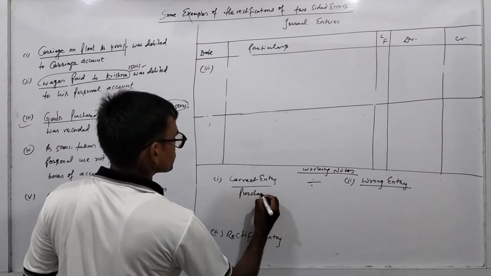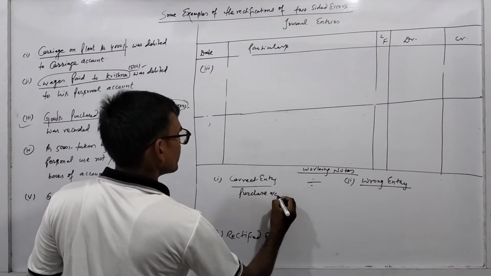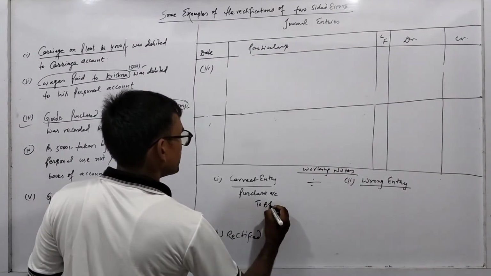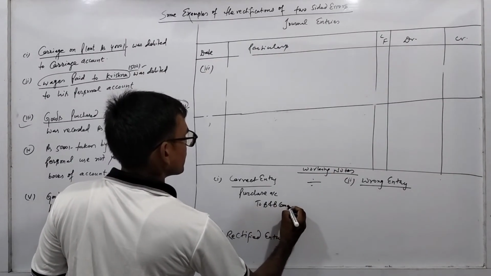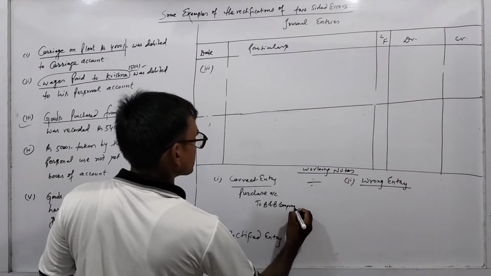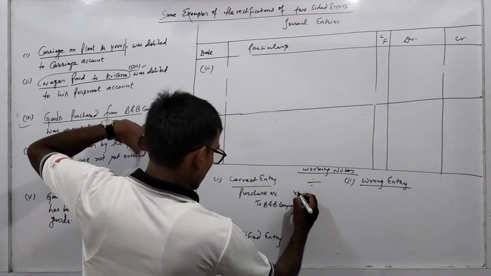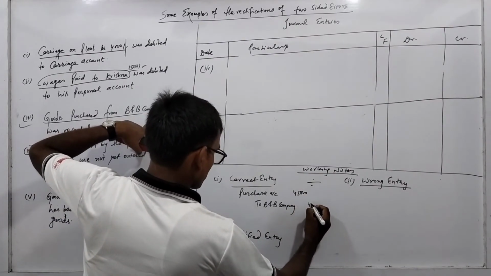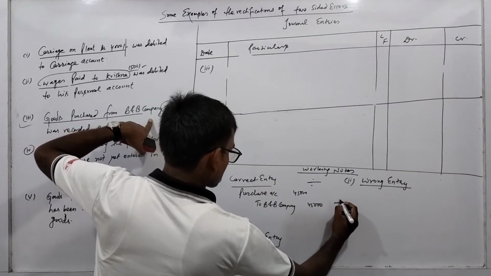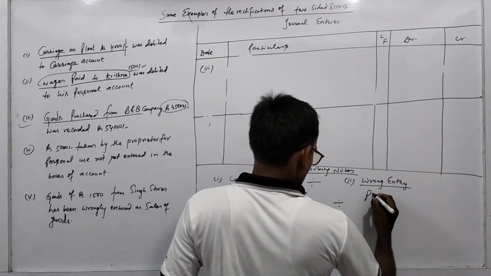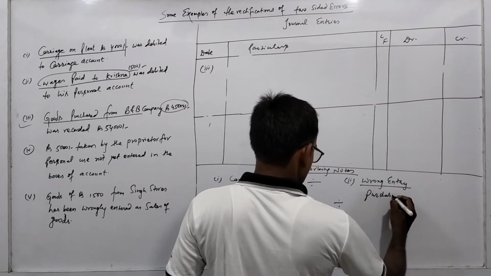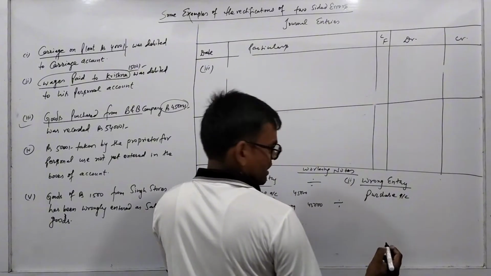Purchase account debit to B and B company. Mistake of amount, because the amount should be 45,000. But what has he done?